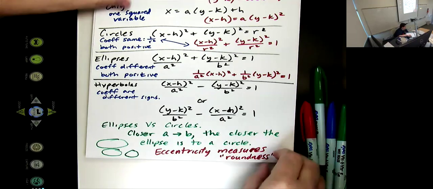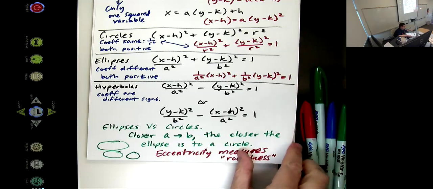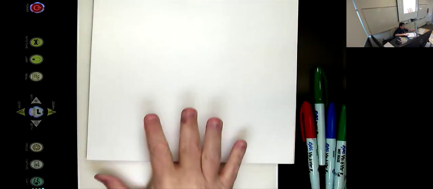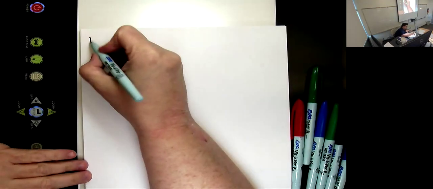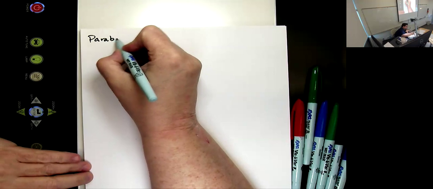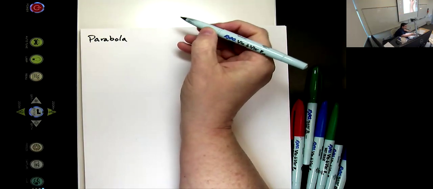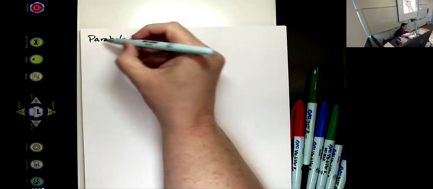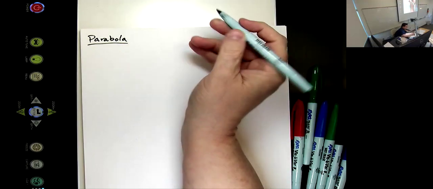All right, you guys ready? Parabola. Let's go into more depth on each of them. The only one I've defined for you guys is a circle. The circle is a set of all points equally distant from a central point.